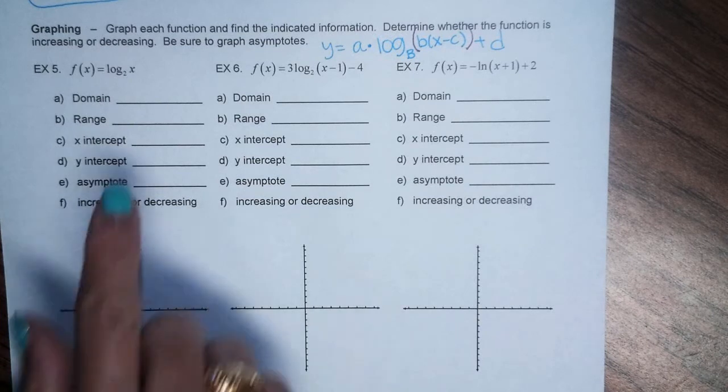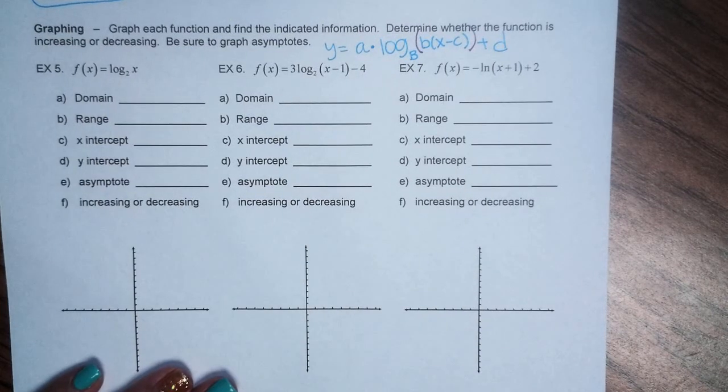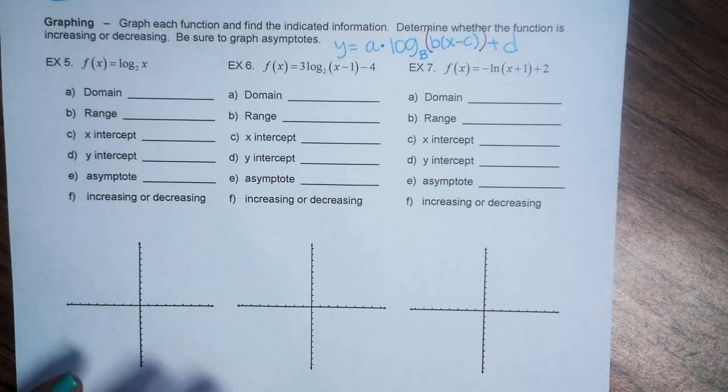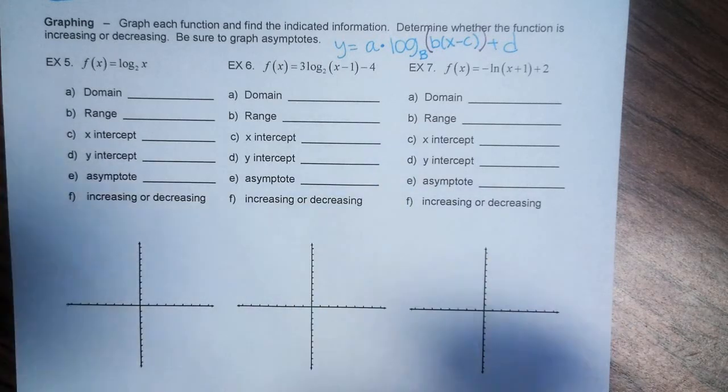So let's try to graph something like example 5 that has log base 2 of x. There are different ways to graph log base 2 of x, but here's what I do.